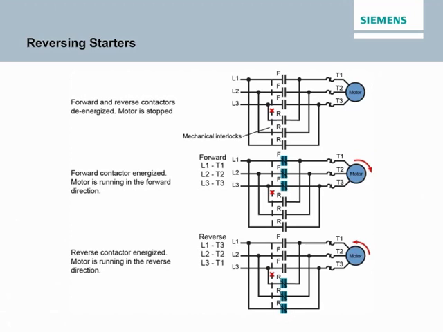The forward, F, contacts are controlled by the forward contactor, and the reverse, R, contacts are controlled by the reverse contactor. When the F contacts are closed, current flow through the motor causes it to turn in a clockwise direction. When the R contacts are closed, T1 is connected to L3 and T3 is connected to L1, causing the motor to rotate in a counterclockwise direction.